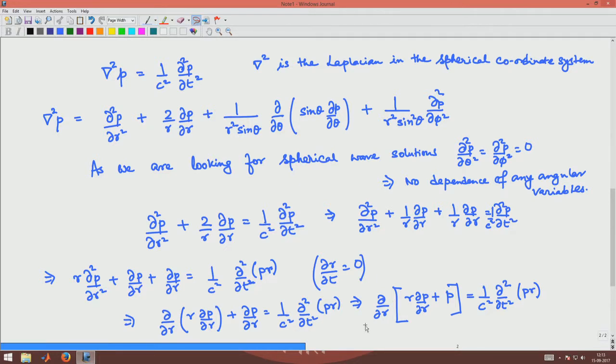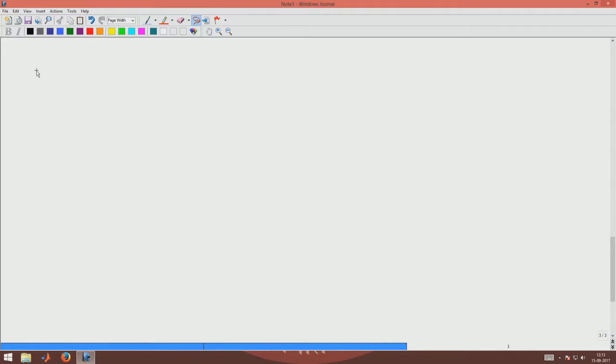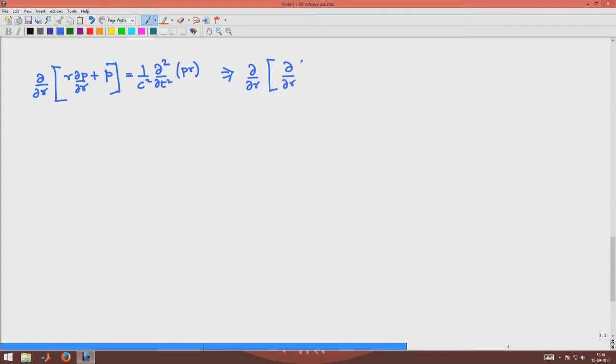So, I will just copy paste this equation in the next page to make that simplification happen. Again I restart from this last step and let us see what the next step leads us to. In the next step I realize that the quantity under the bracket is nothing but ∂/∂r of (pr).